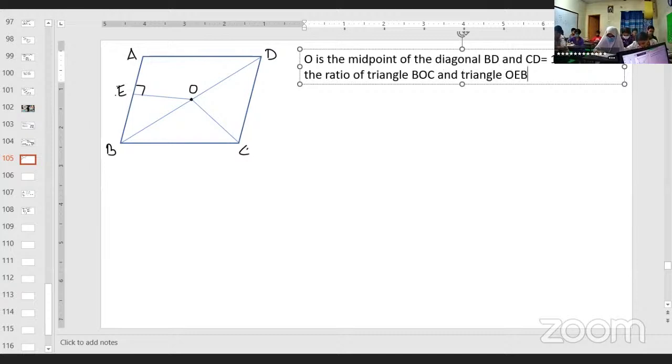Find the ratio of the area of triangle BOC and triangle OEB, right?